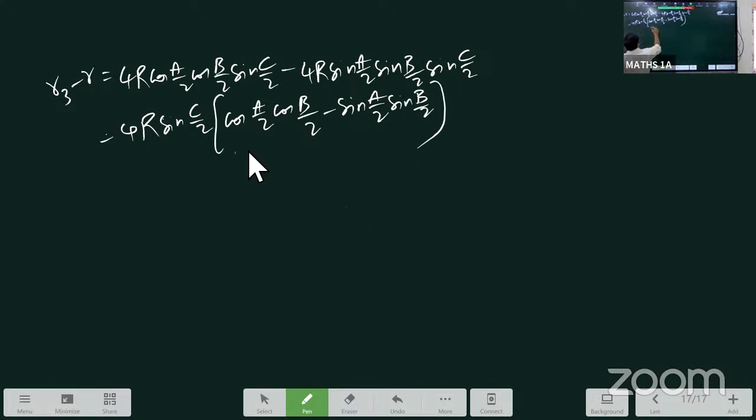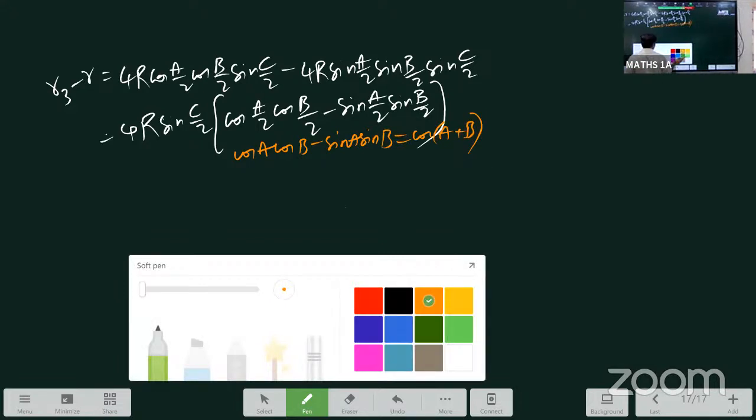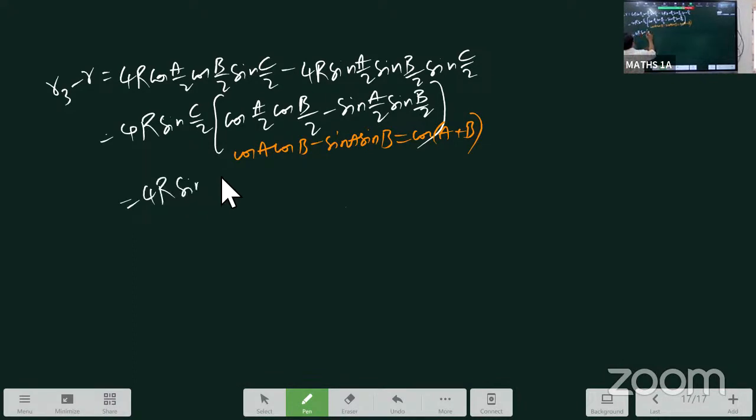That is cos A cos B minus sin A sin B. That is cos of A plus B. I'm writing every formula there. Right. That is nothing but 4R sin C by 2 into cos A by 2 plus B by 2.